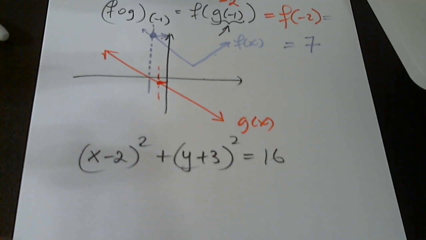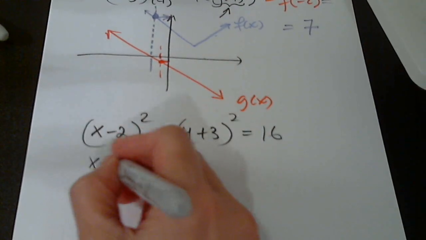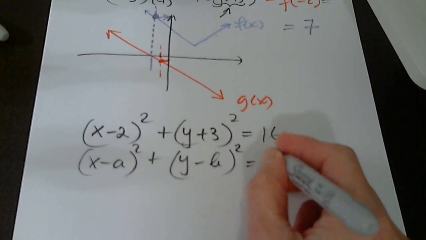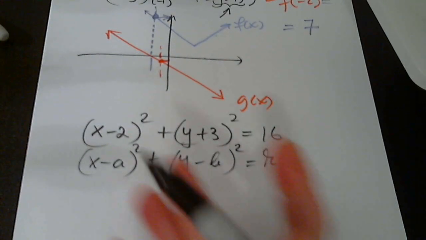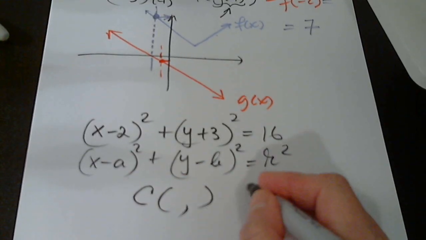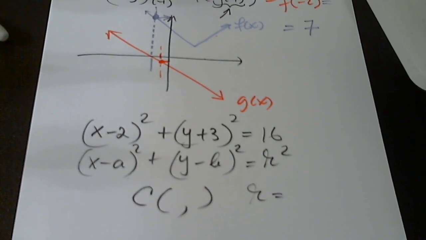Yes, because the equation of the circle is x minus a everything squared plus y minus b everything squared equals r squared. Very similar. I just have to carefully identify the center and identify the radius and then graph it.